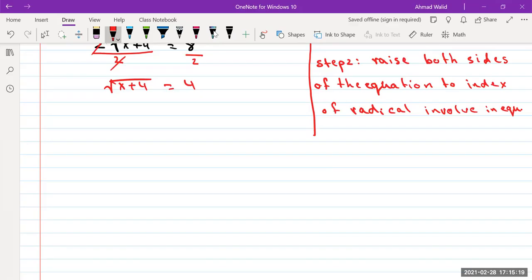In your book, in the steps, they mention raise both sides of the equation to the nth power to eliminate the isolated nth root. Nth root, I brought a very simple word for it, which we call index, and I'll explain it here.